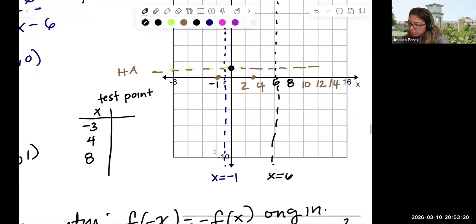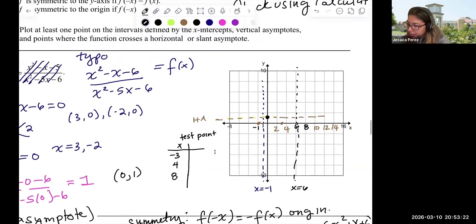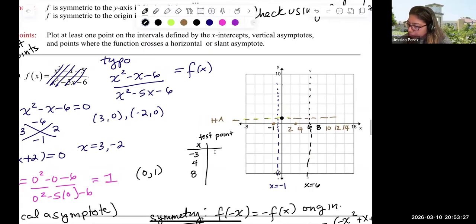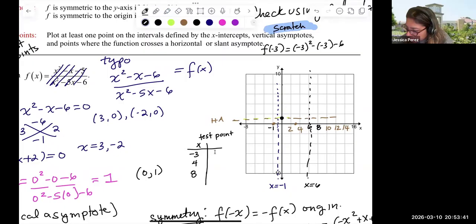So if I substitute f of negative 3, this is scratch work. On the test, you'll have plenty of room to do your scratch work. f of -3 is going to be (-3) squared minus (-3) minus 6 over (-3) squared minus 5 times (-3) minus 6.